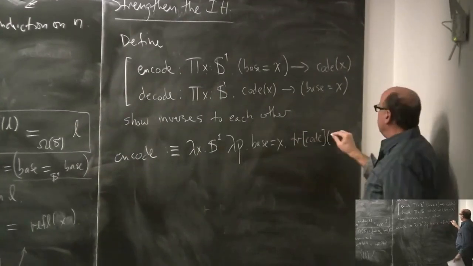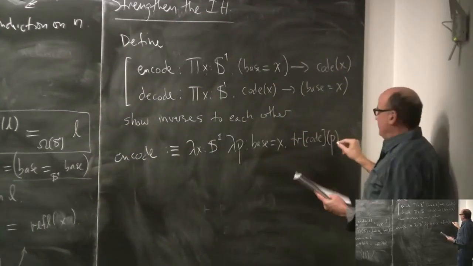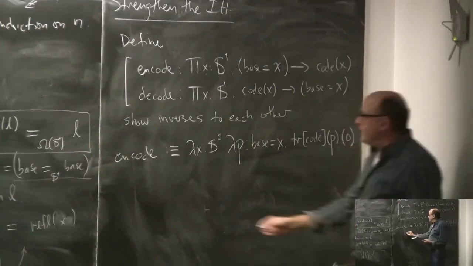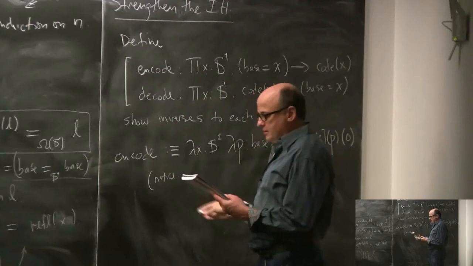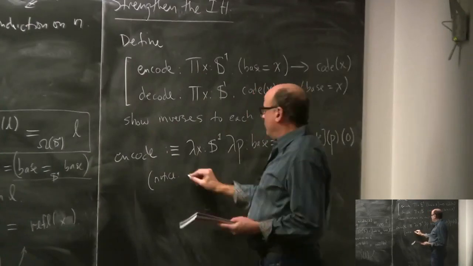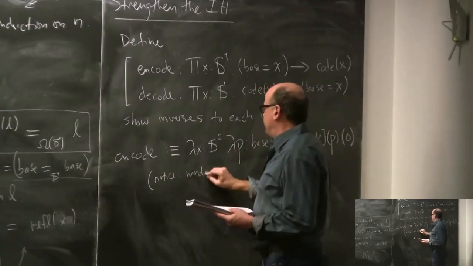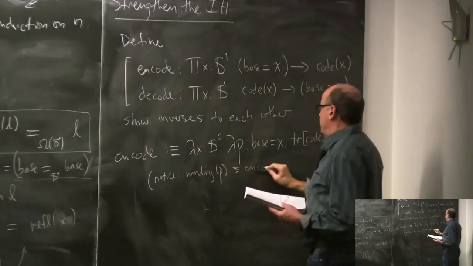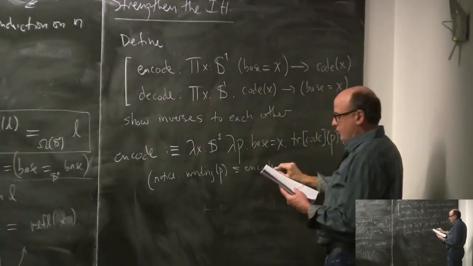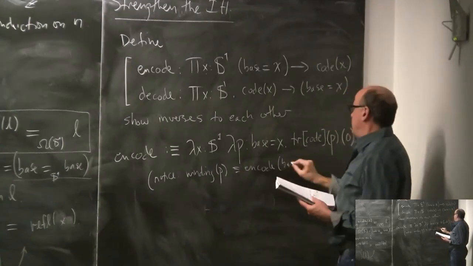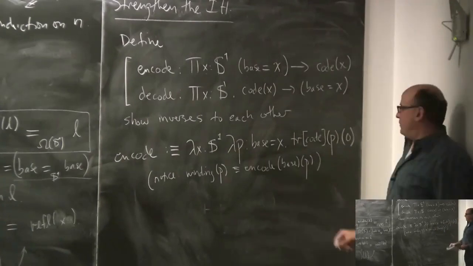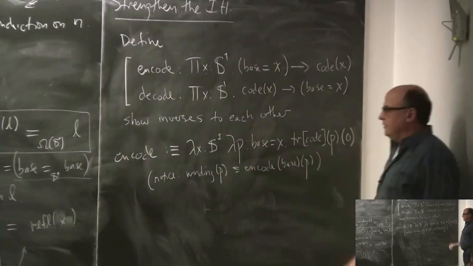So along the cover, I transport by p and run that on 0. So therefore, we notice that winding of p, as I've defined it before, is then going to be the encode. This is a more general thing, it's encode of base and p. You'll just notice that by the way we defined it before. So that's what I do here.